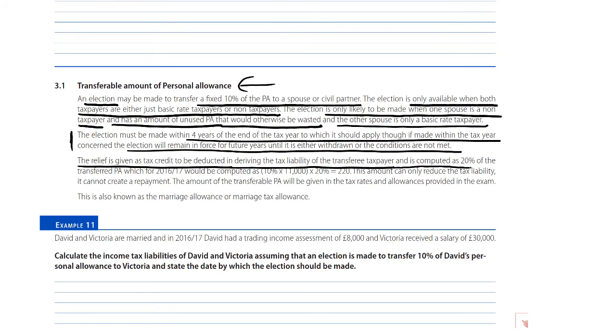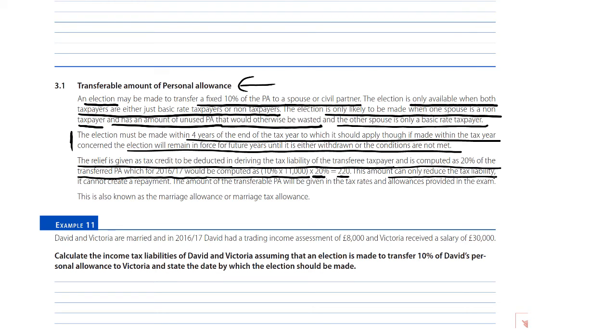And it's computed as 20% basic rate of tax, 20% of the transferred personal allowance, which of course for our tax year, 16-17, as we know, 10% of 11,000 will be £1,100. At a tax credit rate of basic rate 20%, that is 220. That amount would then be deducted in deriving your tax liability.